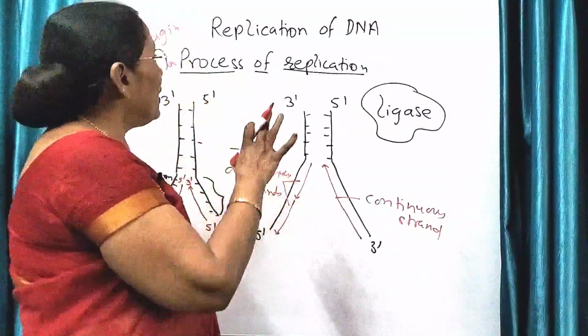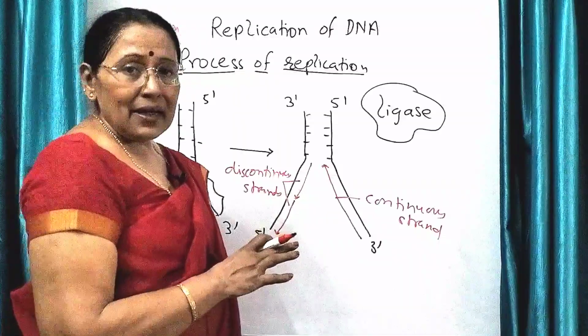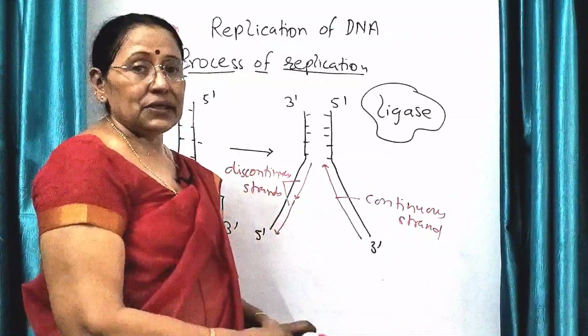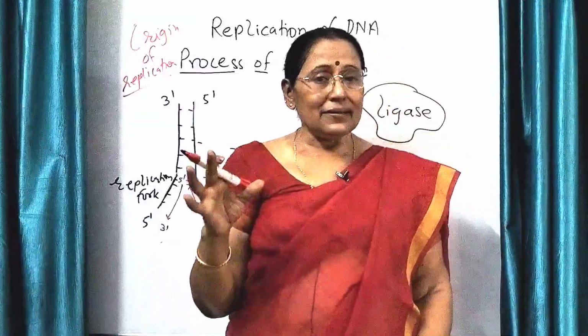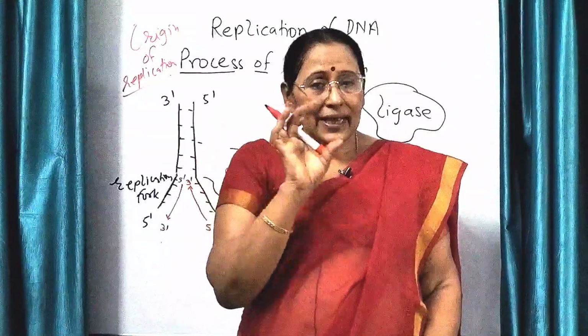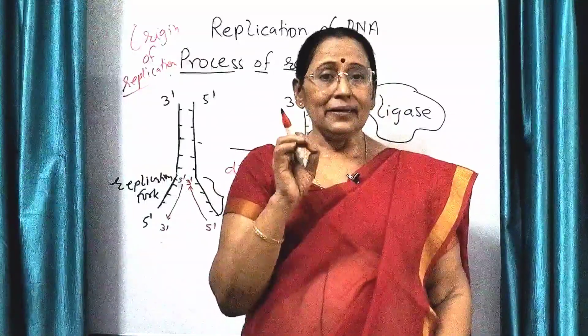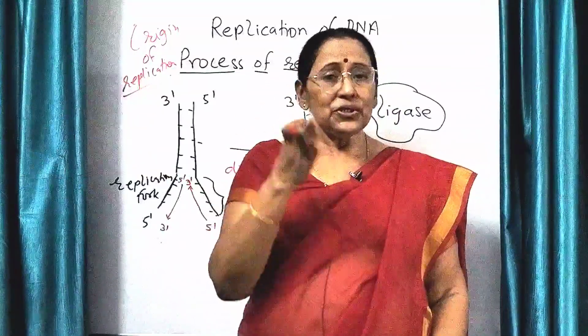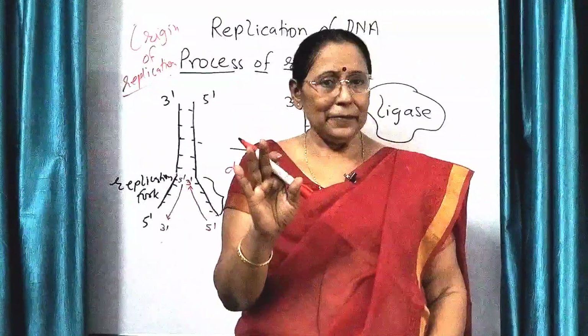So this is one interesting story of replication of DNA, the semi-conservative replication of DNA: how the one parental strand separates into two and they act as template strands. Then the DNA dependent DNA polymerase forms two new strands on the old strands.